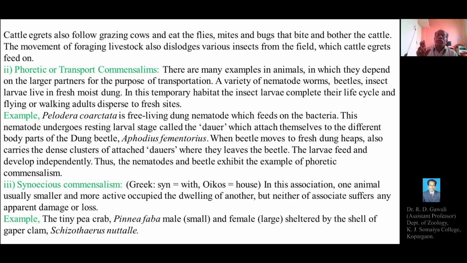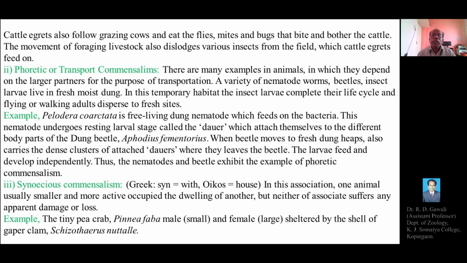So the dung beetle here serves as a host, and the free-living dung nematode acts as a commensal, which is carried from one temporary habitat of the dung to the other habitat of the dung, where the nematode larvae feed on the bacteria in the fresh moist dung.